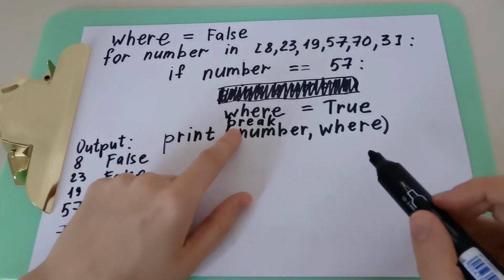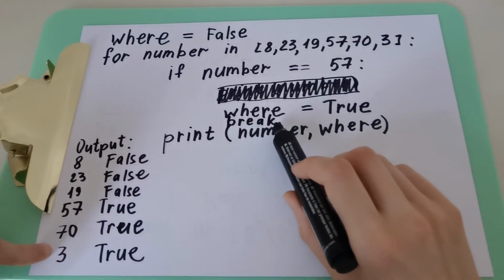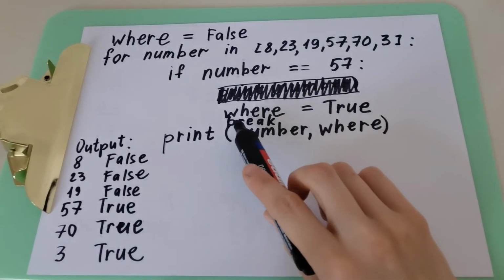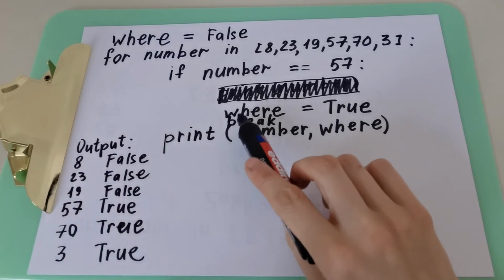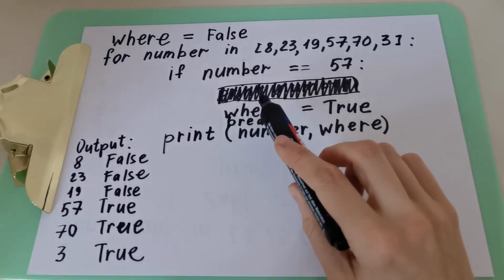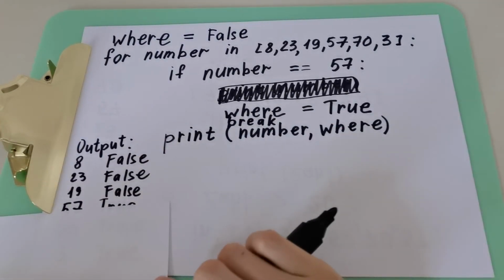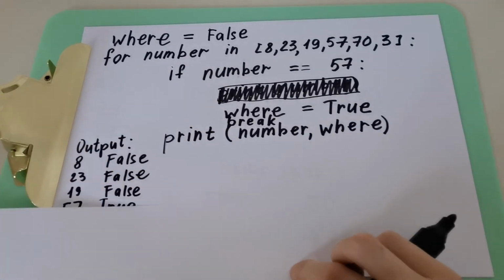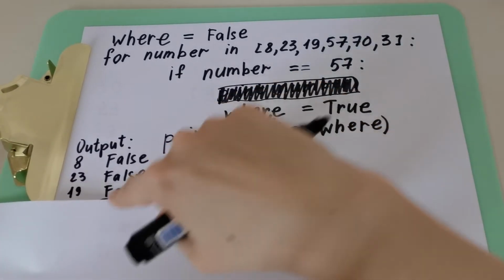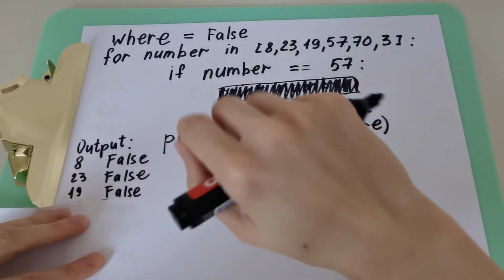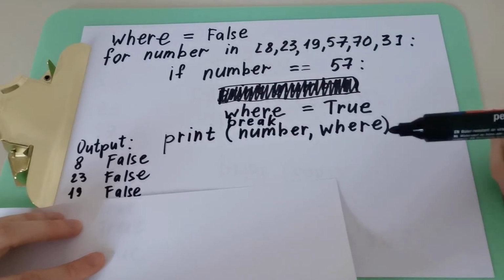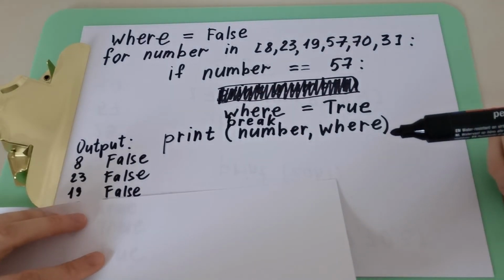Remember, what does the keyword break do? It stops the loop. So if in the code you add a break line at the same level as the where line, your output is 8 False, 23 False, 19 False. And that's why you can know exactly after which element 57 comes. It comes after 19.